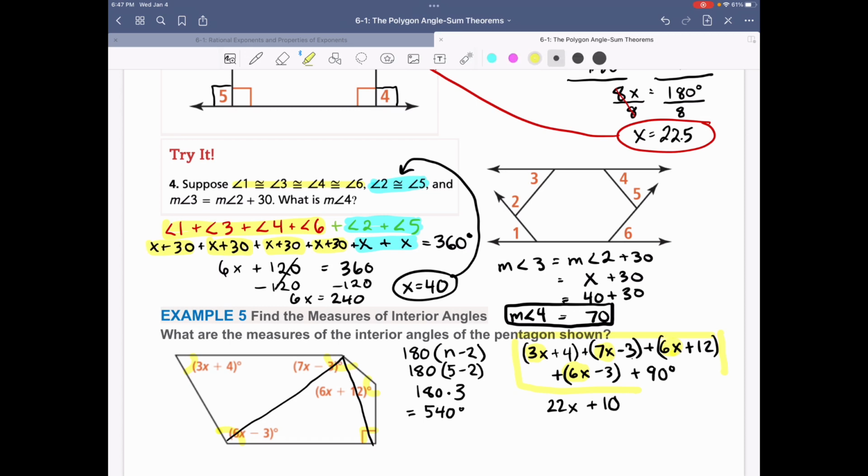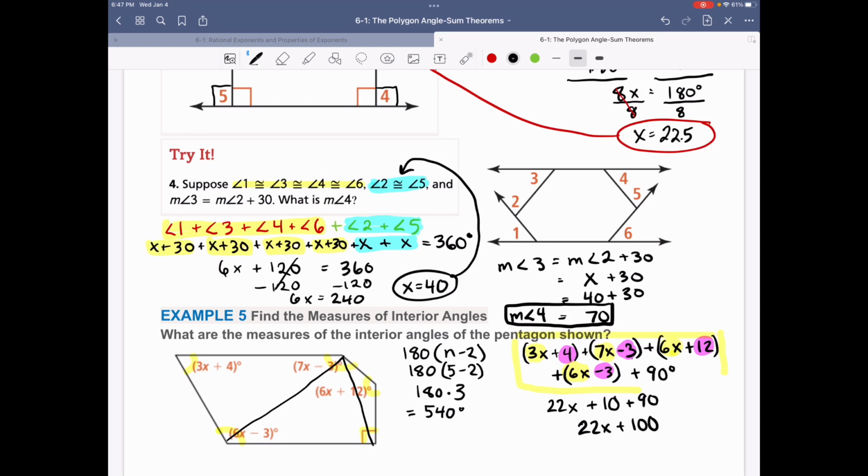Say that again. So it was 4 minus 3 is 1, plus 12 is 13, minus 3 is 10. And then we have the plus 90. And then we're going to simplify that further to get 22x plus 100.